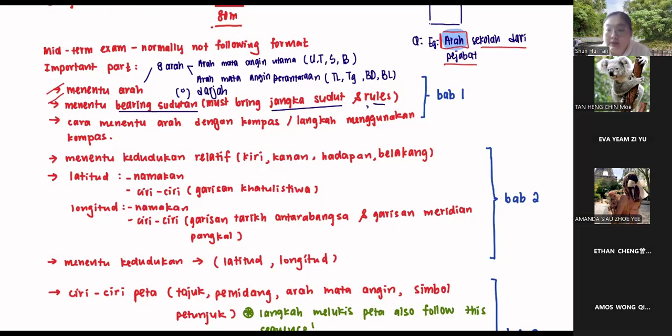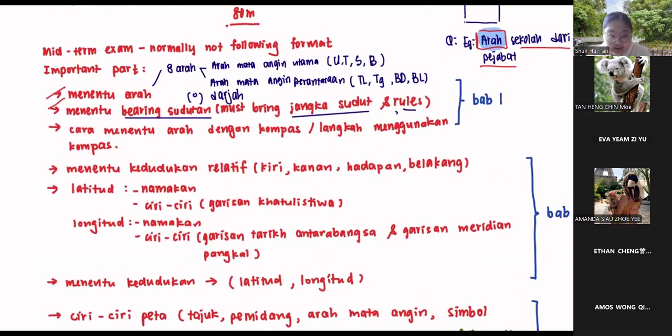But the next one, look here. This one, cara menentu arah dengan kompas, or they use the words langkah mengguna kompas. How to use compasses? The way of using compasses. Now, this one most of the time exists in the first term, first exam.